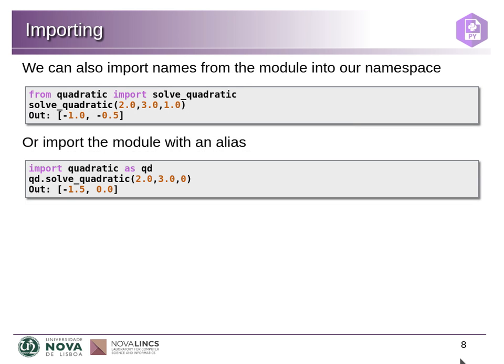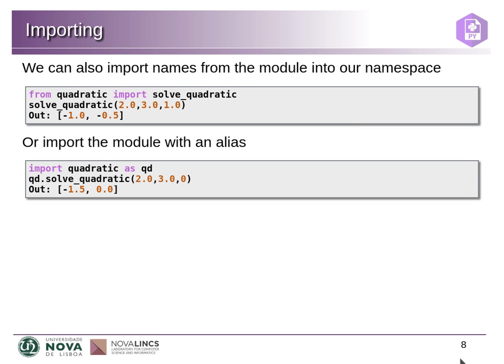So again, the interpreter will run that module, will execute everything in the module, and then from all the defined names there, it will import directly into our namespace the names we specify here. In this case, it will work as if the solve quadratic function existed in our module. This name is now part of our global namespace, and we can use it to access that function.